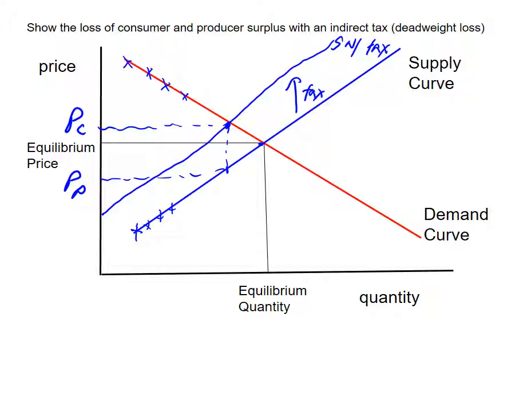Now, we're not going to shade in the tax revenue as being part of the loss of producer and consumer surplus. But we can see that the consumer surplus is much smaller now. The producer surplus is much smaller as well. So just a moment here.